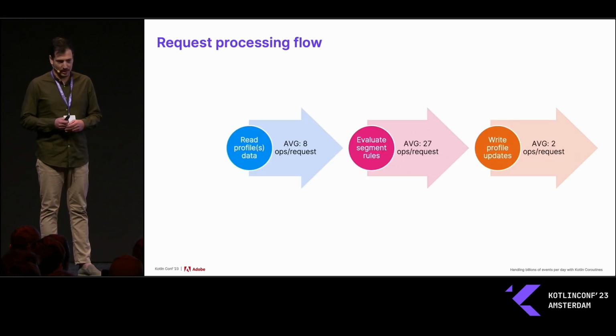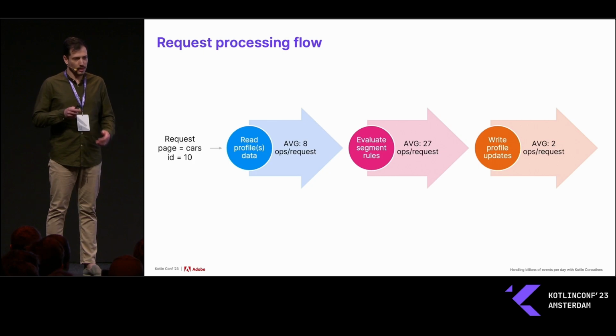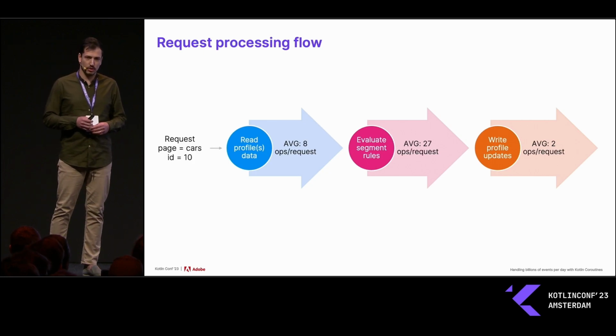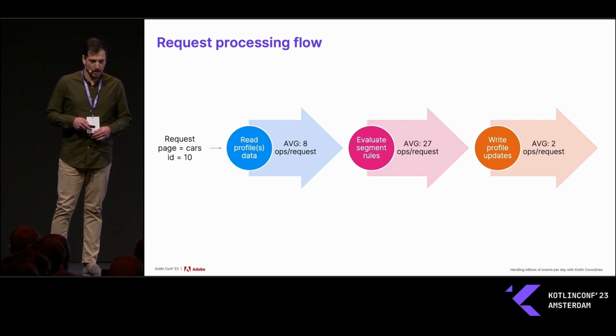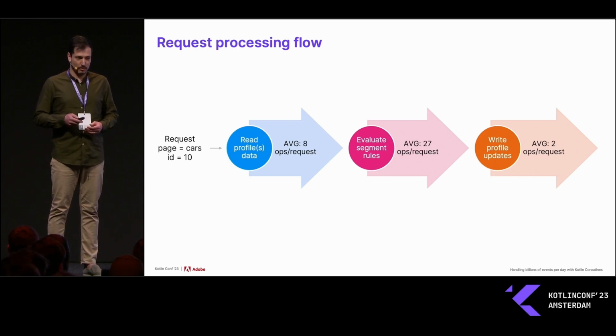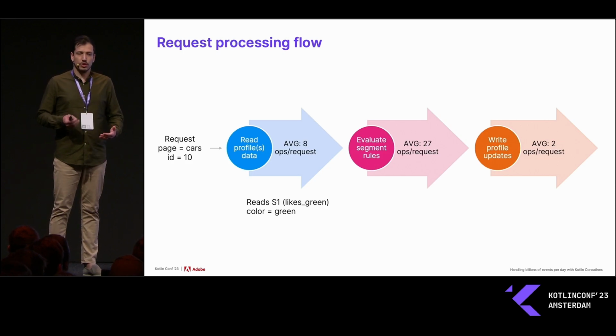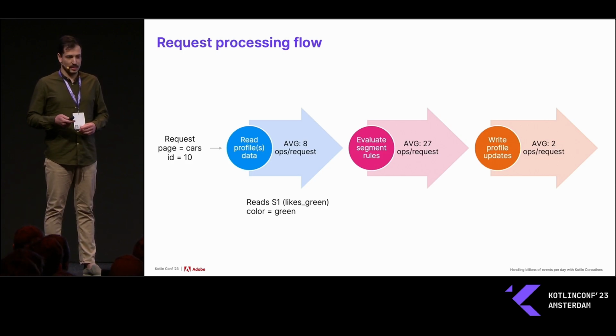To better understand what the application does, let's have a look at how a request is processed. A request comes in telling us that user with ID 10 is on the cars page. Based on the user ID, we are reading multiple connected profiles from our database, from where we are retrieving existing segments, like S1, which is telling us that the user favorite color is green.